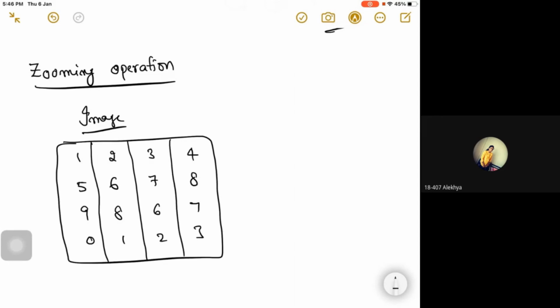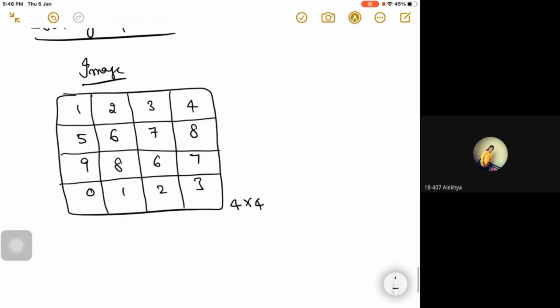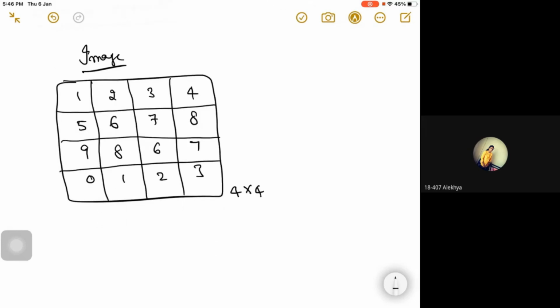Unless otherwise specified, zooming means we are maximizing the image size. Can you tell me what the image size is here? 4 by 4. Let us operate the zooming by 2. We can operate zooming with various factors: double, triple, 4 times, like that.